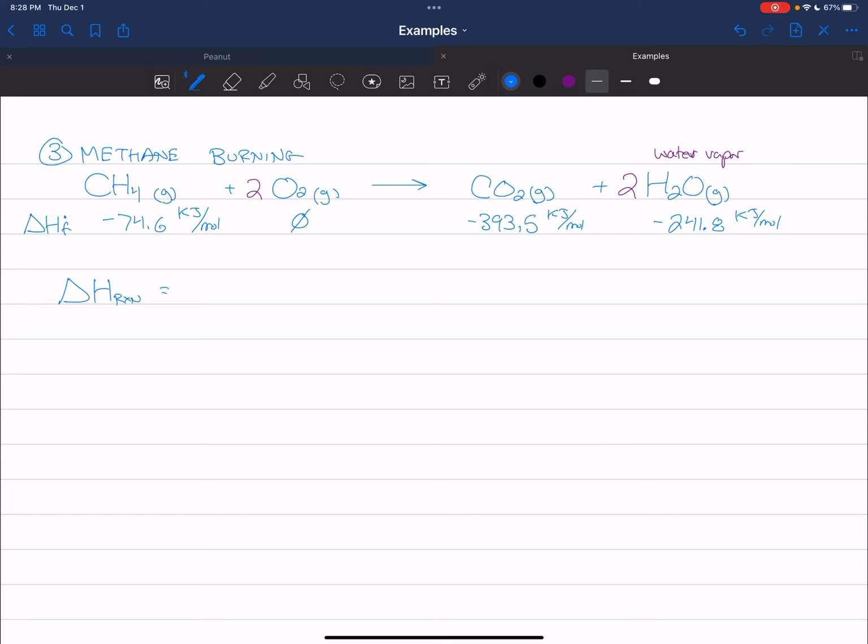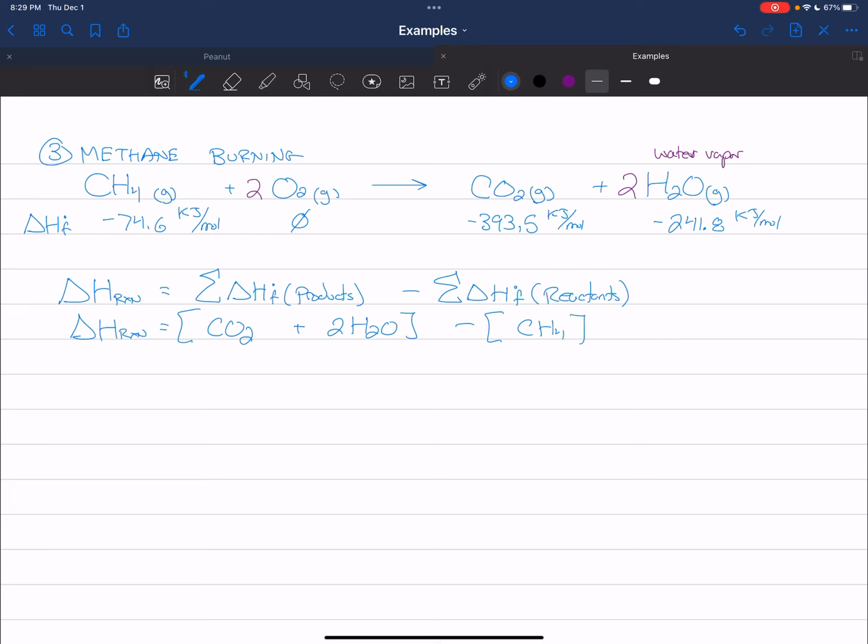For methane burning, all right, delta H of the reaction would be equal to the sum of the standard enthalpies of formation of products minus the sum of the standard enthalpies of formation of reactants. So, delta H: that gives me CO2 plus 2 H2Os minus CH4.